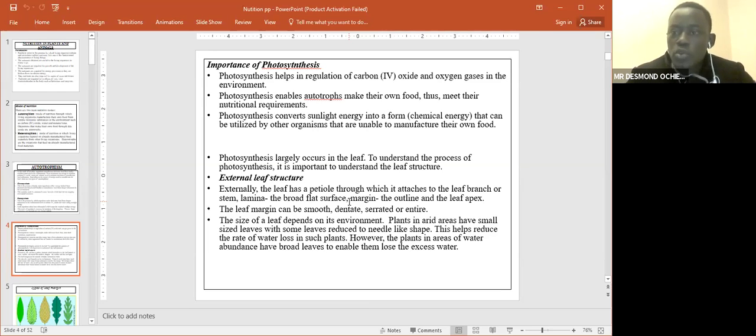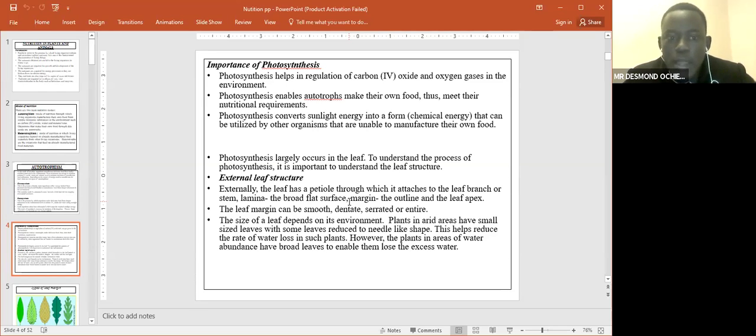So we will look at the external structure of the leaf and the internal structure of the leaf. Thereafter, we'll look at how the leaves are adapted to the process of photosynthesis. So let us start by looking at the external leaf structure.